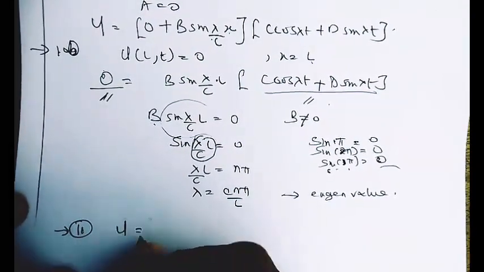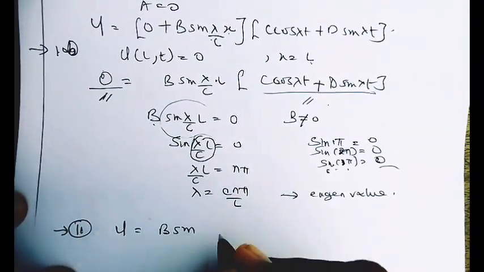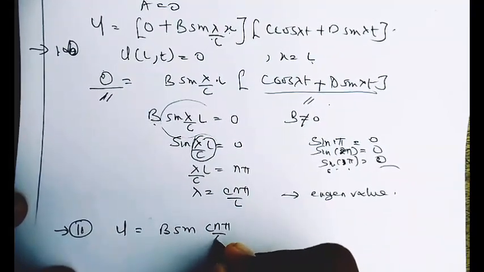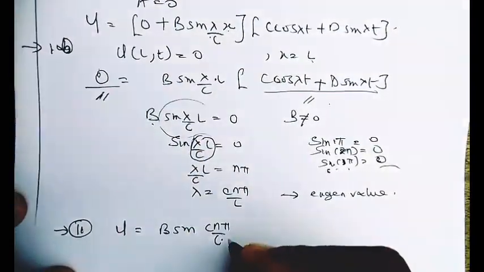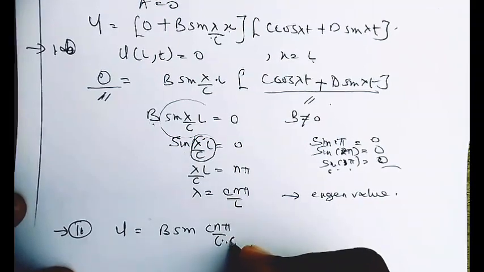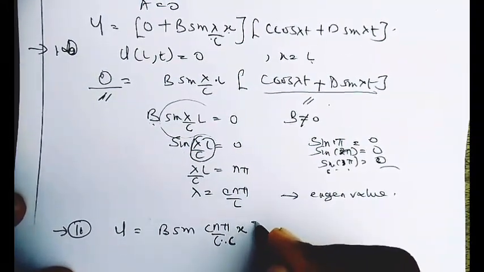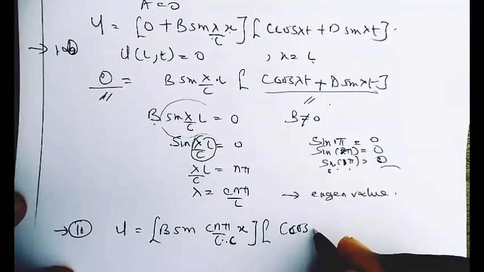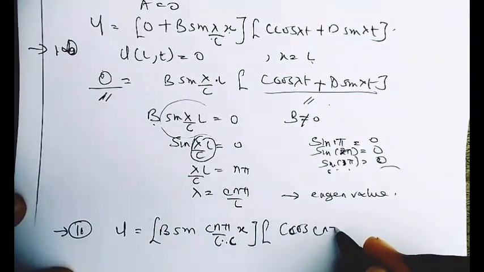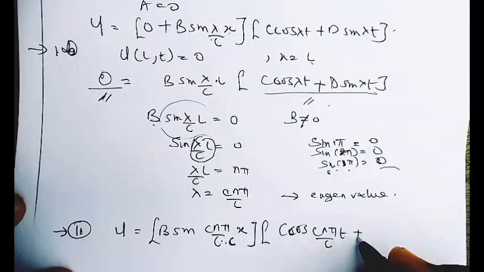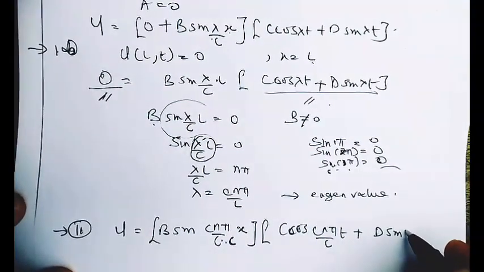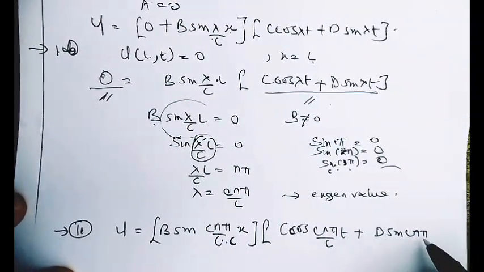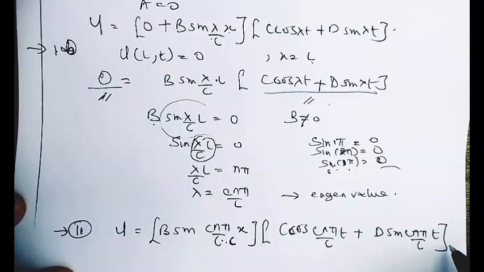So this is my step 11. u is equal to b sine c n pi over l, divided by c x, open bracket, cos lambda, which is c n pi over l t, plus d sine c n pi over l t.